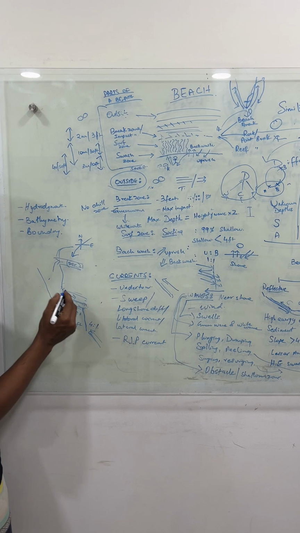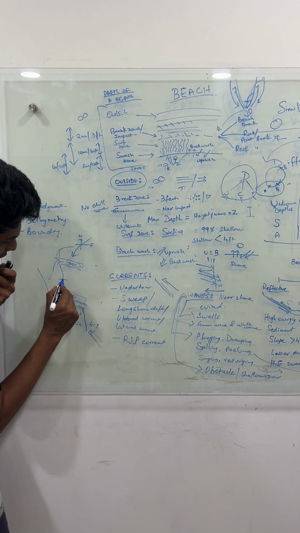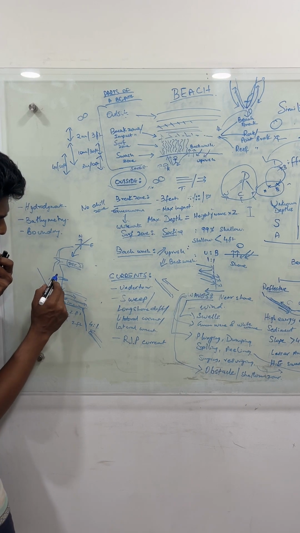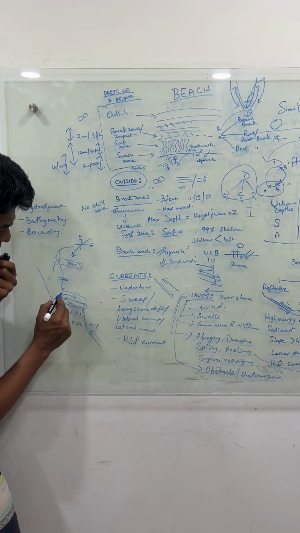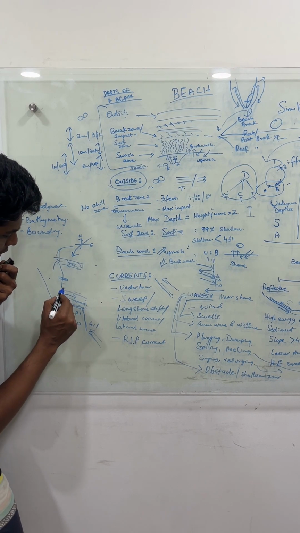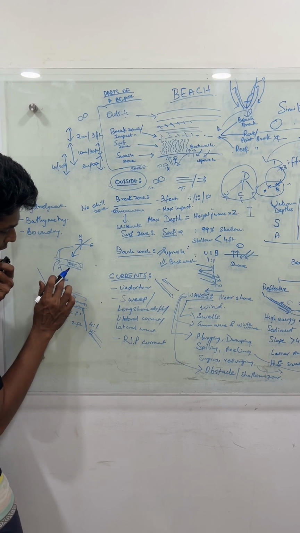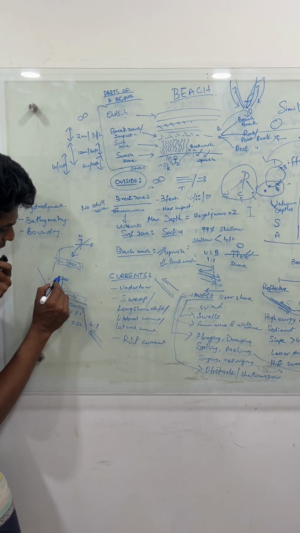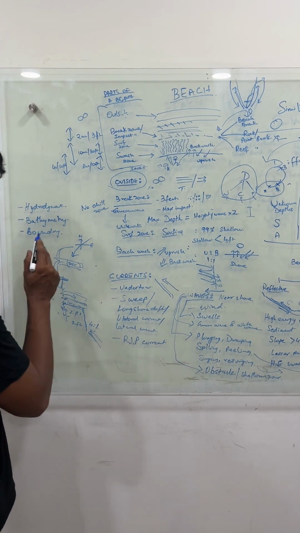So boundary rips are what you find when there are piers or rocks set up inside the ocean. So if you go to Kovalam, you'll find a lot of rocks, and you'll see that the beach on this side is so much different than the beach on that side. So that's a boundary rip.